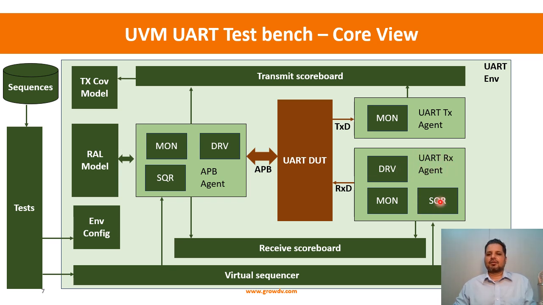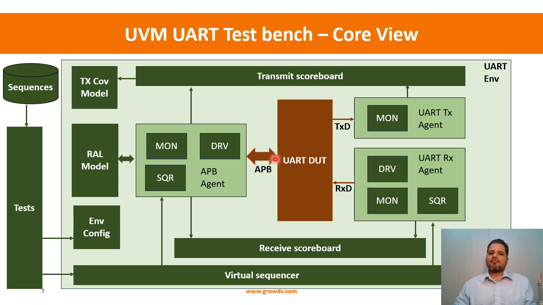Now the sequencer in the UART Rx agent cannot generate sequence items for the APB interface, for example, because this sequencer is connected to this driver, and that sequencer is connected to that driver. So they can only drive the signals on the corresponding interface they are connected to.